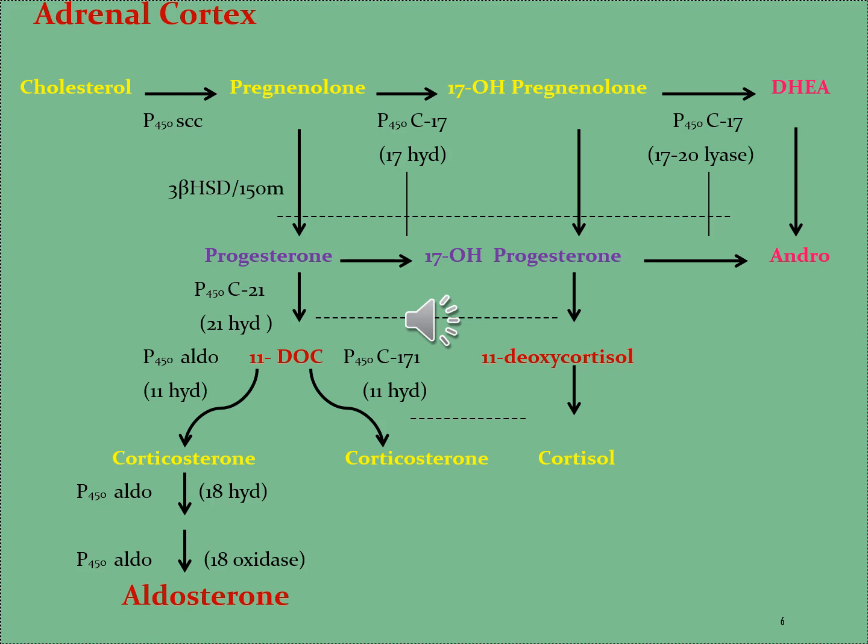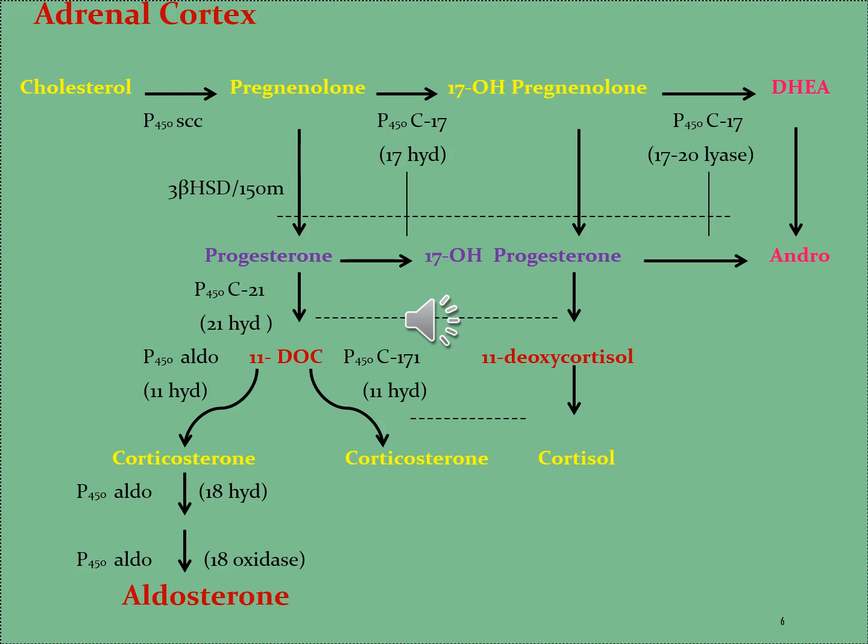Let's see how the pregnenolone and 17-hydroxypregnenolone are changed into progesterone and 17-hydroxyprogesterone respectively by the effect of enzyme 3-beta HSD. 3-beta hydroxysteroid dehydrogenase isomerase, abbreviated as 3-beta HSD, is an enzyme that catalyzes the biosynthesis of the steroid progesterone from pregnenolone, 17-alpha hydroxyprogesterone from 17-alpha hydroxypregnenolone, and androstenedione from dehydroepiandrosterone, that is DHEA, in the adrenal glands.